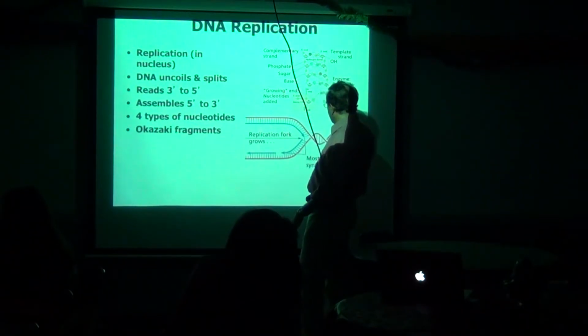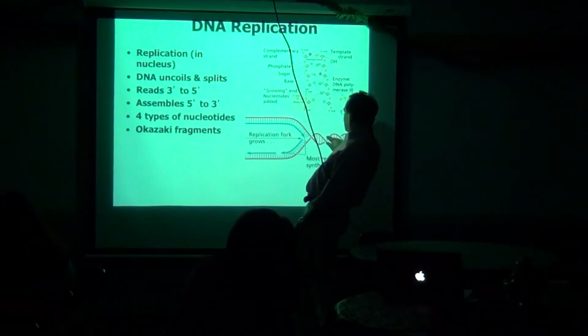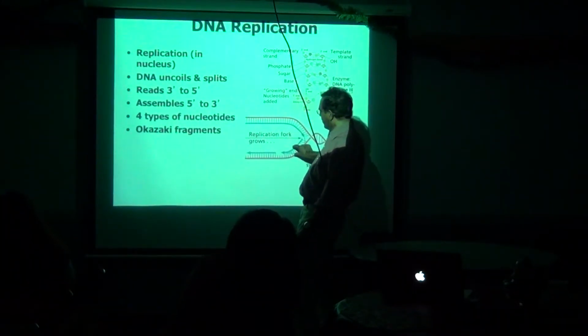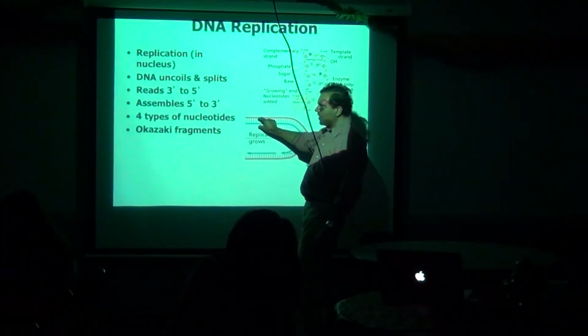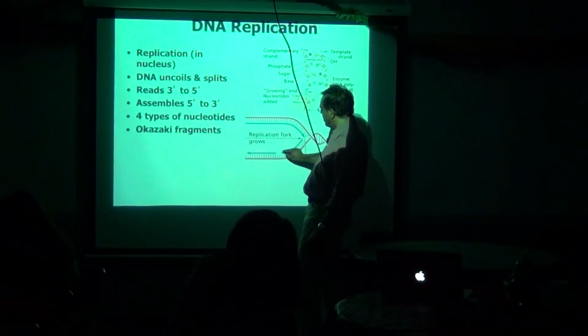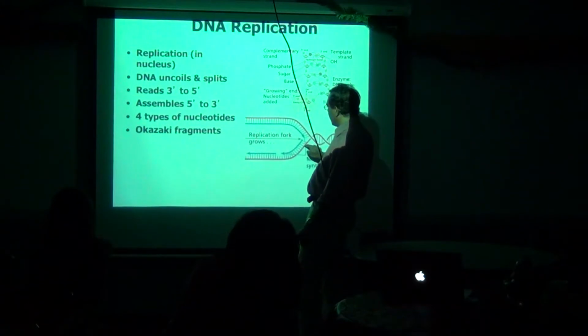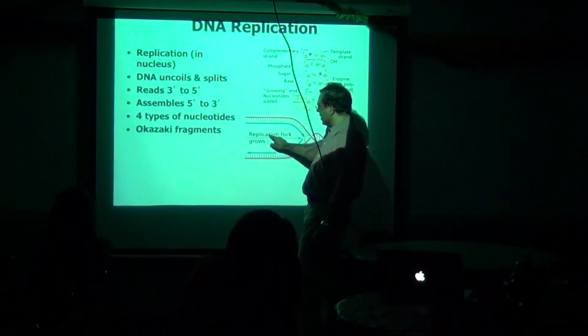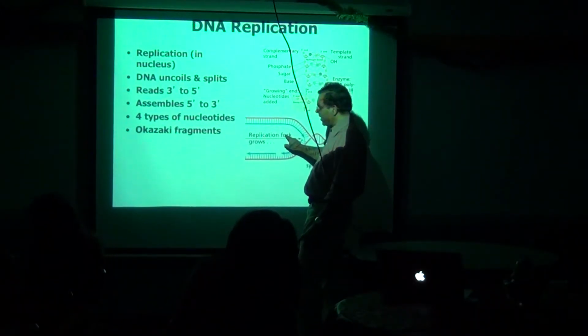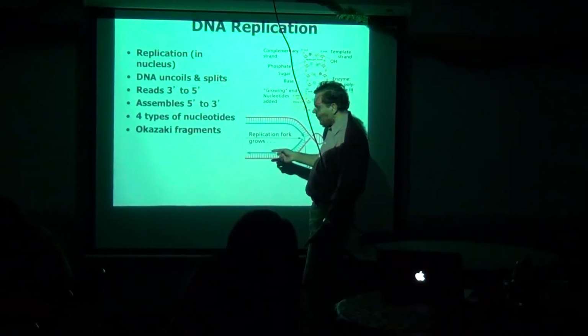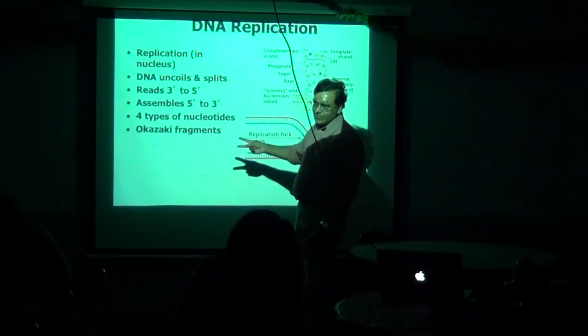If you look at the DNA that's replicating, you see we are going from one double-stranded DNA to two double-stranded DNA. So you're making a new blue strand here. And the place where replication is actually taking place is called a replication fork, because it looks like a fork.